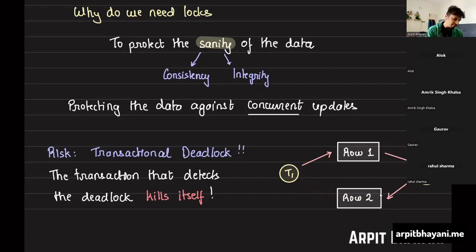So whenever your database detects that allowing this transaction to acquire a lock on this particular row would cause a deadlock, the transaction, in this case T1 acquiring a lock on row 2, will be killed by the database engine.